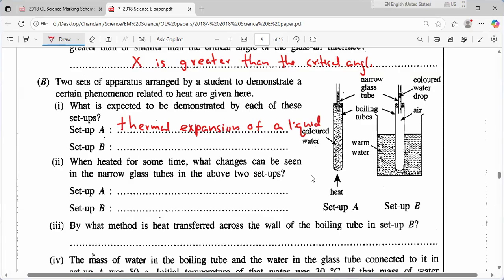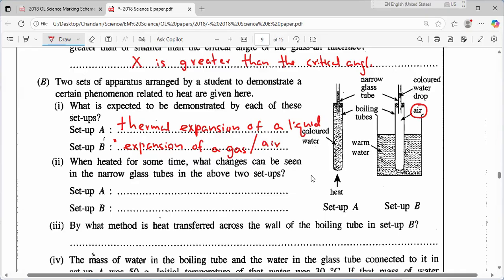And setup B has air inside it. So this is explaining the thermal expansion of a gas, right? Thermal expansion of a gas or air.